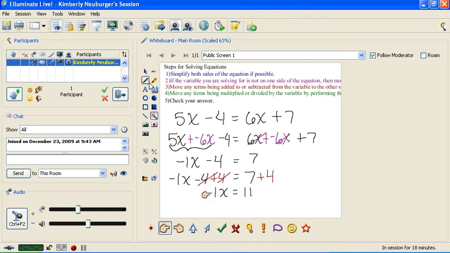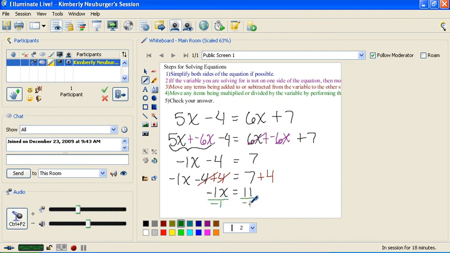So we're actually going to do that step by dividing both sides by the same thing. And to make this -1 turn into a +1, we divide both sides by -1. -1 divided by -1 makes just a +1, so we're left with an x here. And 11 divided by -1 is -11. So we believe that our solution is going to be -11.